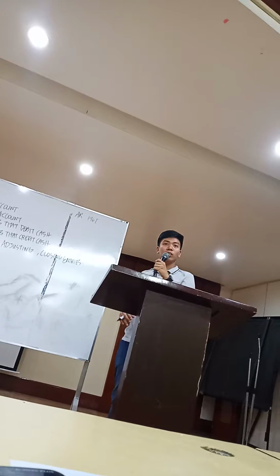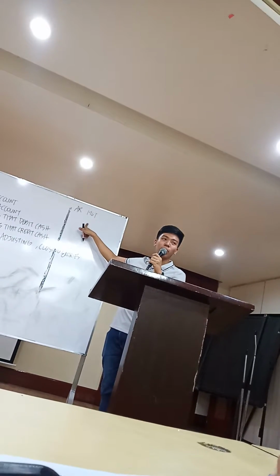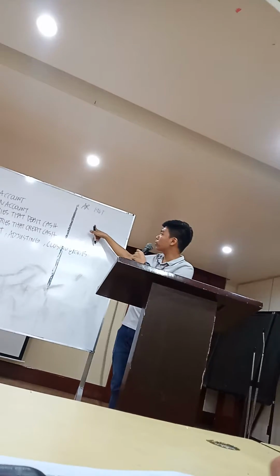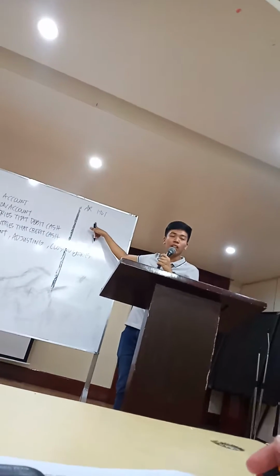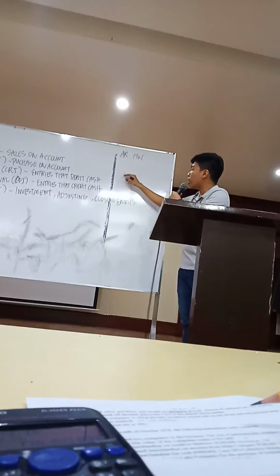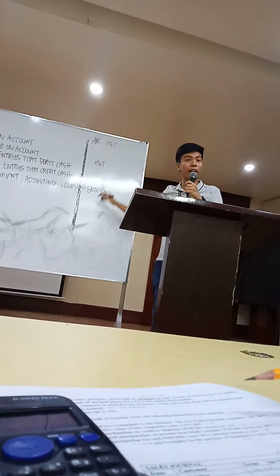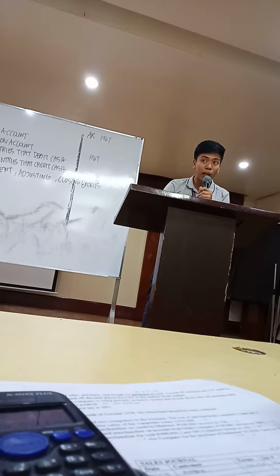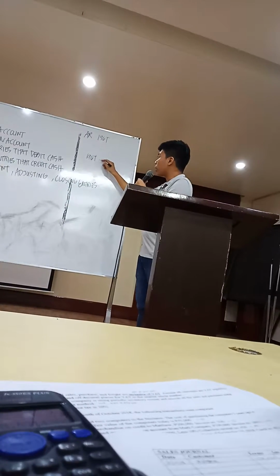Net method. I said net method. So, supposed to be our sale is net. Our sale must be 196,000 also. But we're going to net that one with our VAT. 196,000 divided by 1.12.